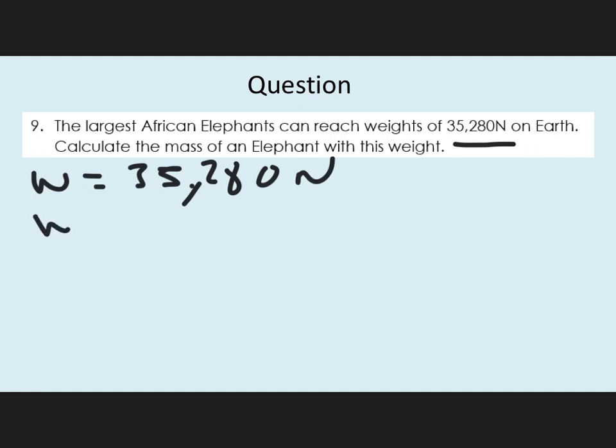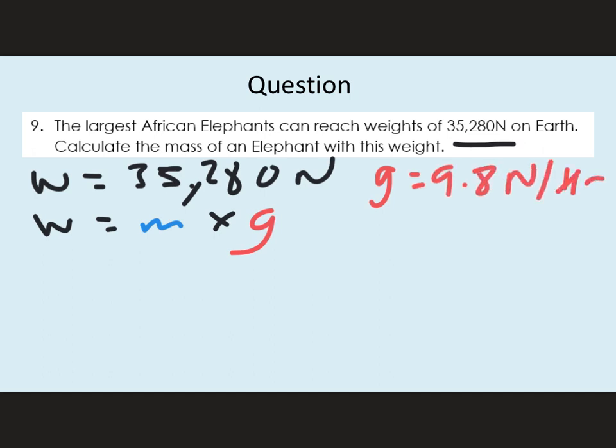So I'm going to use the equation W equals M times G, where remember that G is equal to 9.8 newtons per kilogram. So putting the numbers in, I get 35,280 is equal to M times 9.8.